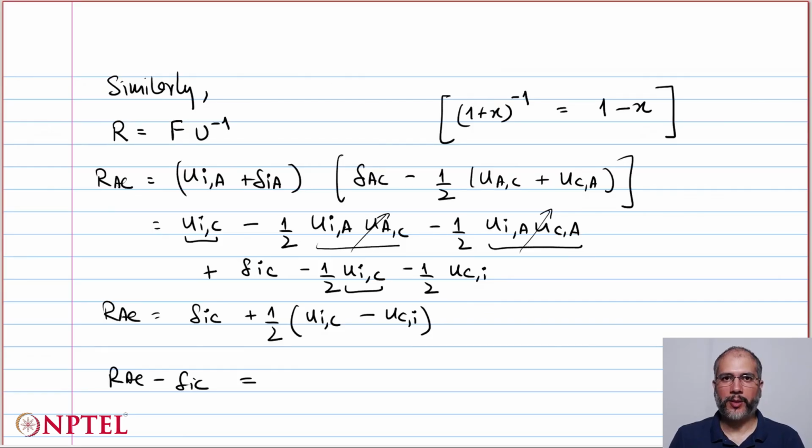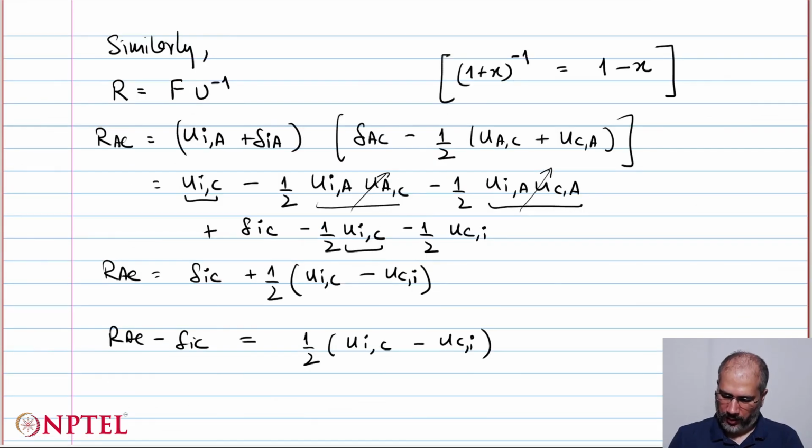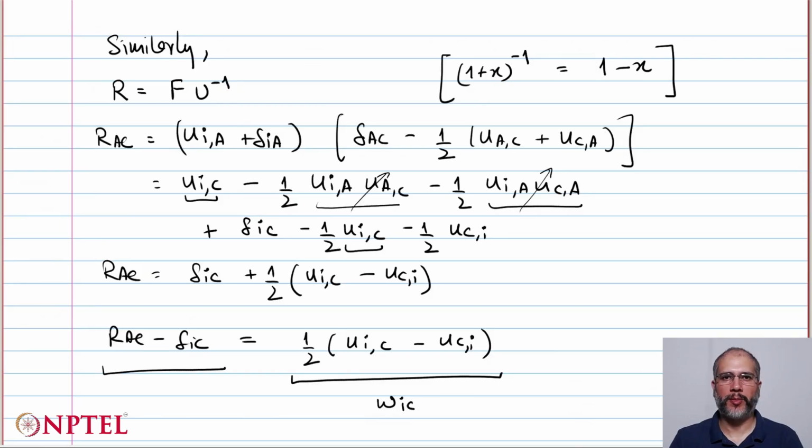Remember, we want to work with displacement gradients, not the F tensor, so we have to subtract an I here. And this is a skew symmetric tensor, half of u_i comma C minus u_C comma i. So we have shown that under the infinitesimal deformation assumption, our rotation tensor degenerates to a skew symmetric tensor, which was like an omega_iC in our infinitesimal deformation theory.